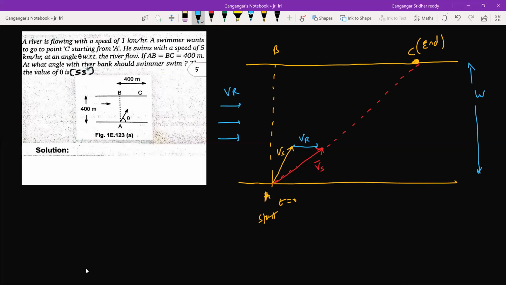What is our question? Our question is to find out the value of theta. I'll indicate it with an arrow; this is alpha. You take it. Is it okay now? What is theta? It is the angle made by the velocity vector of the swimmer with respect to the river, with respect to the bank. This is called the bank. This is the opposite bank.